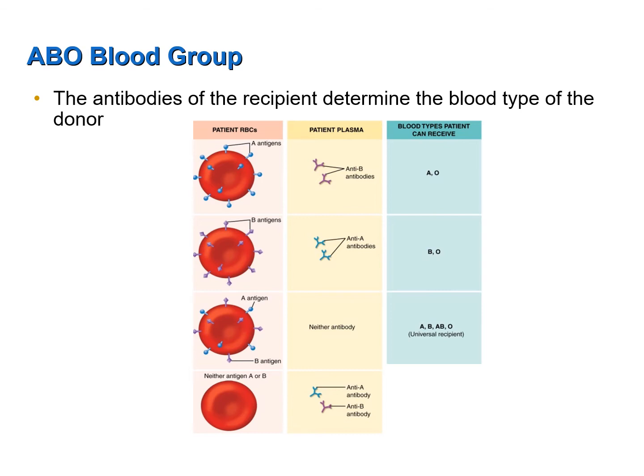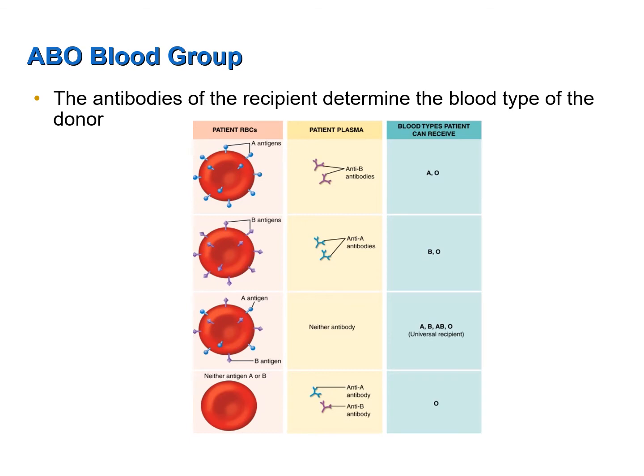What about someone with type O? Someone with type O has both anti-A antibodies and anti-B antibodies. Could they receive blood from a donor with A blood? No, because their antibodies would attack the A antigen. What about B? No, they have anti-B antibodies that would attack the B antigen. And certainly they could not receive blood from a donor with type AB blood. They could only receive blood from someone with type O blood.